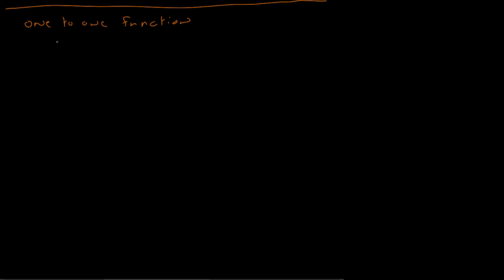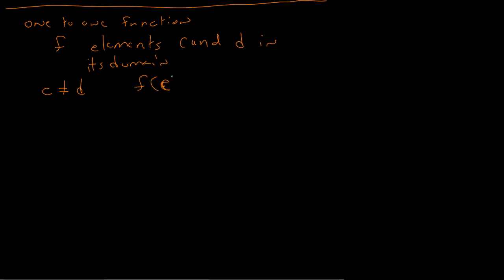And that says that if there's a function f that has elements C and D in its domain, and they are not equal to each other, so if I have two separate x values, then the y value for C cannot equal the y value for D. And that makes a one-to-one function.